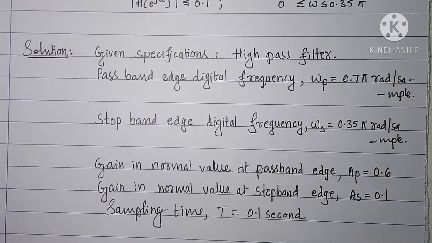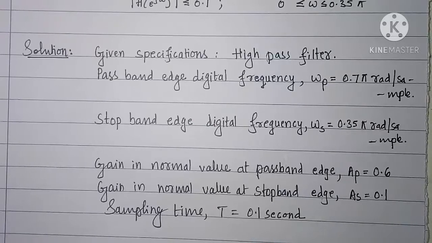To design any filter, we make use of analog low pass filter. So now we have to convert the specifications of high pass filter into low pass filter specifications. For that, we have to write the passband edge digital frequency omega p as stopband edge digital frequency omega s and vice versa.